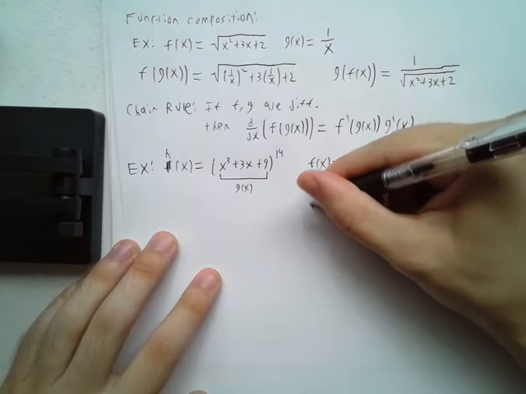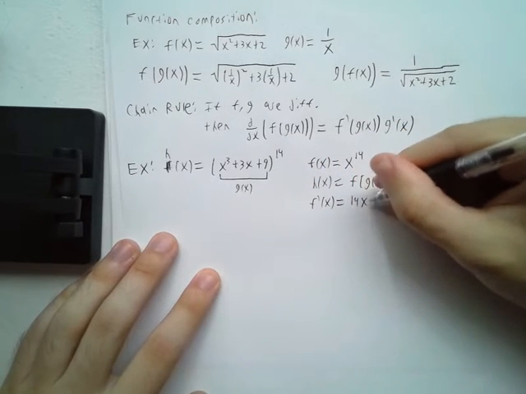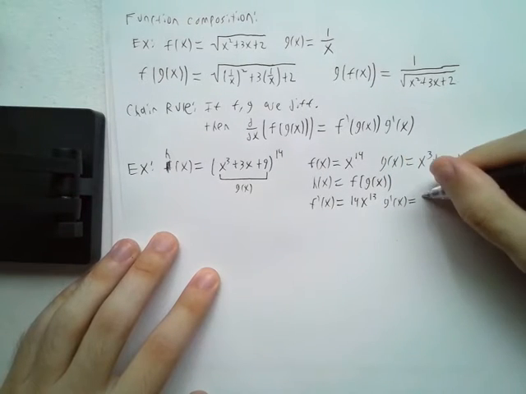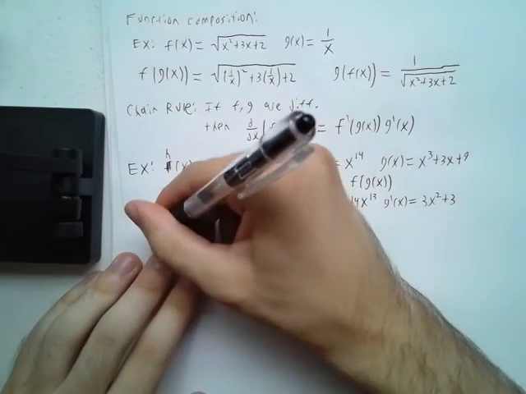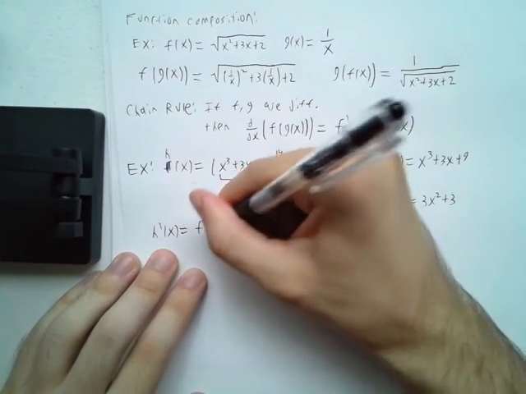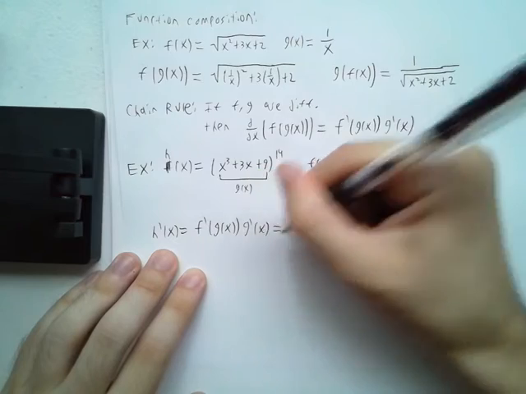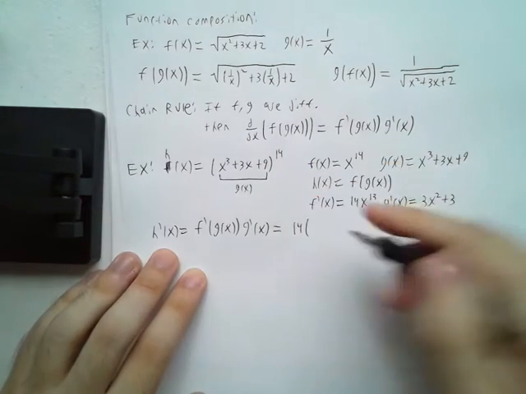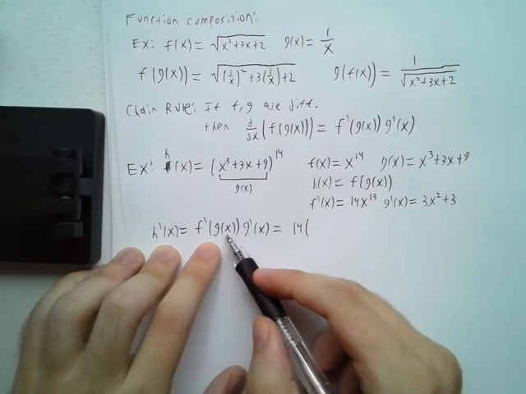So now we can easily calculate by the power rule that f prime of x is 14x to the 13th, g prime of x is equal to 3x squared plus 3. And so by the chain rule, h prime of x is going to be equal to f prime of g of x times g prime of x. This is going to be equal to 14x to the power 13, but we're not plugging in x, we're plugging in g of x.